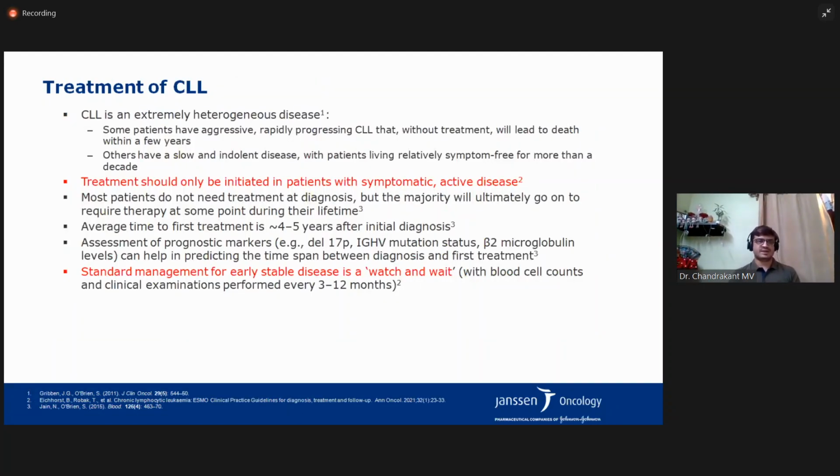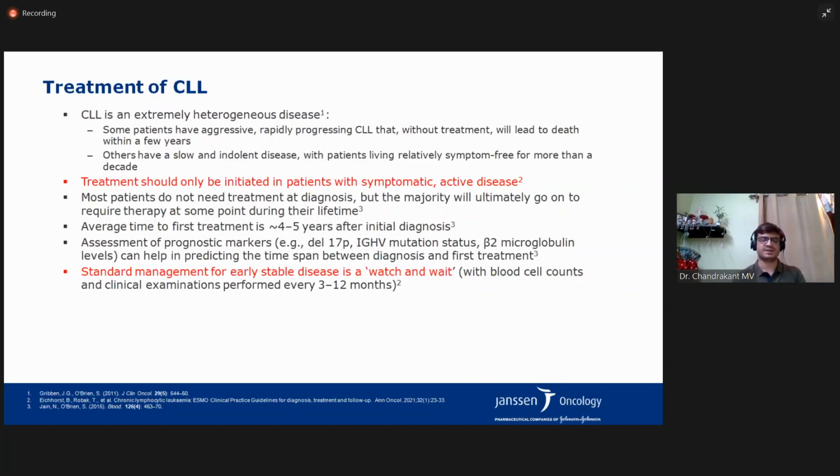So how do we treat CLL? It's an extremely heterogeneous disease. As I said before, treatment should only be initiated in a patient with symptomatic or active disease when it meets those criteria.